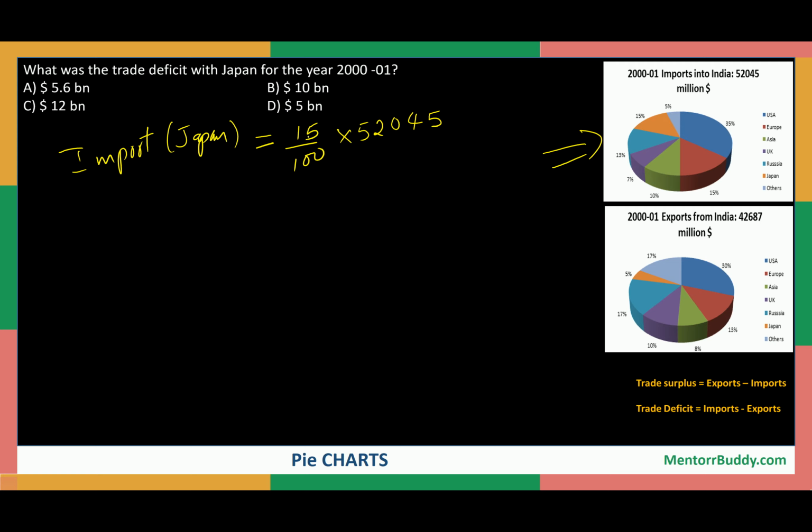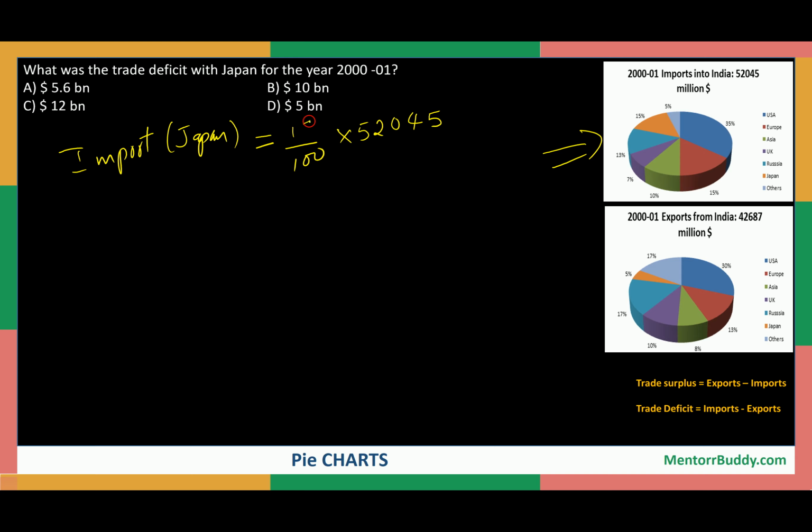We can directly solve it. I mean, we can keep this 100 as it is, multiply, and then place a decimal point at the end. We can do it like that as well, right?